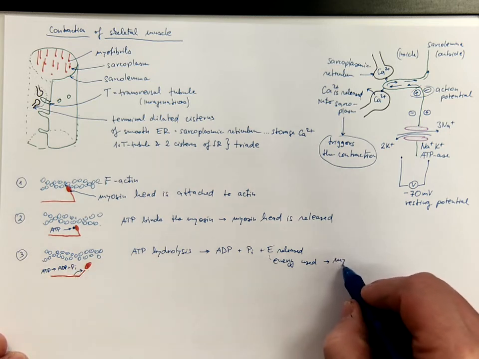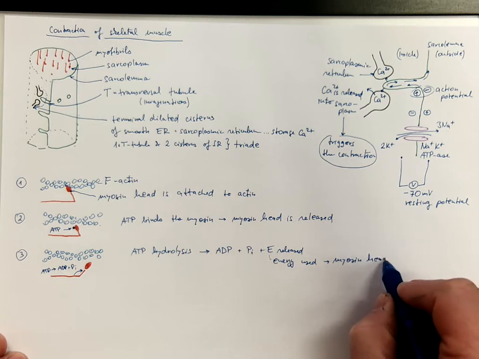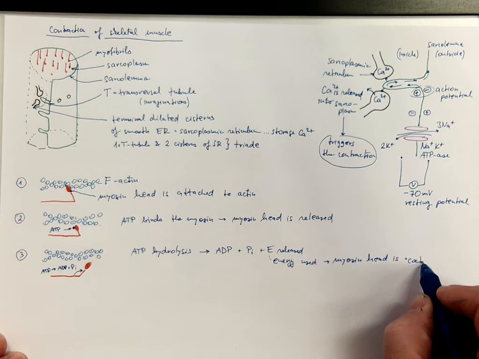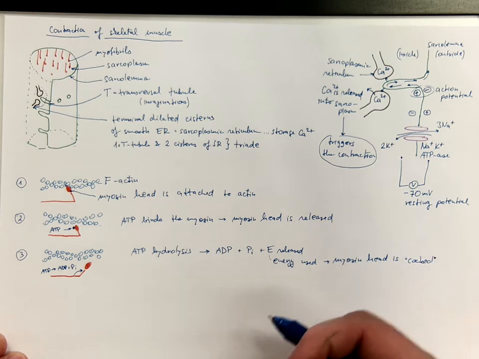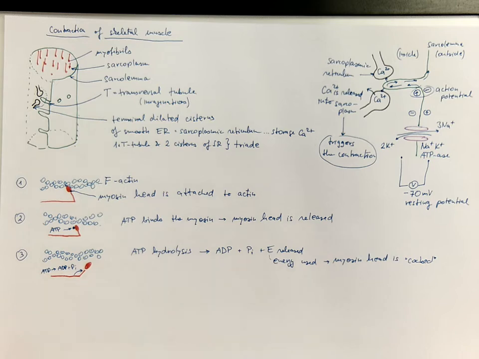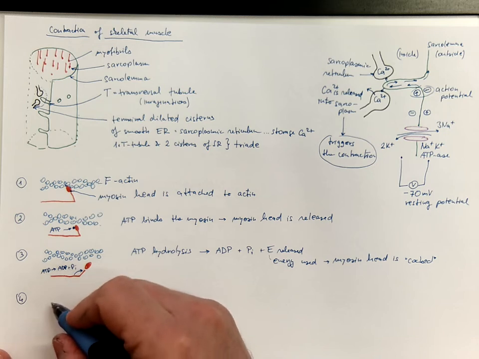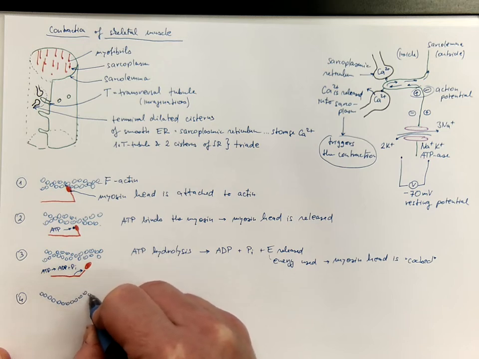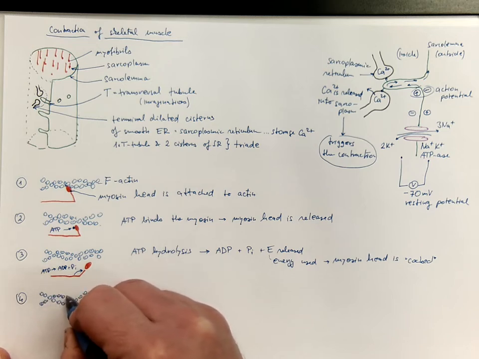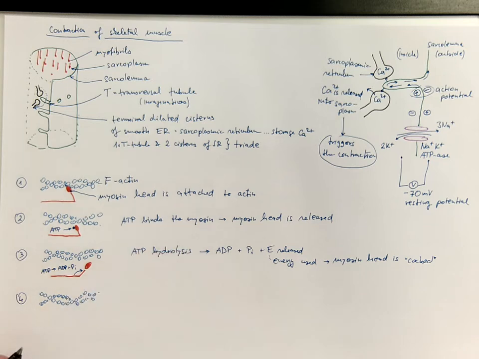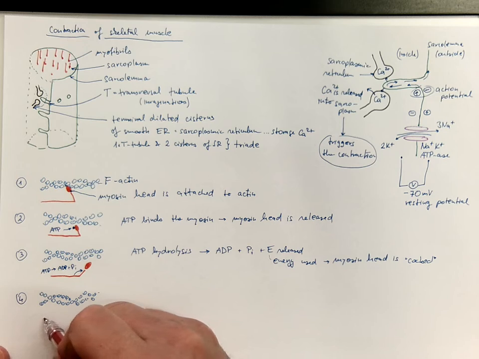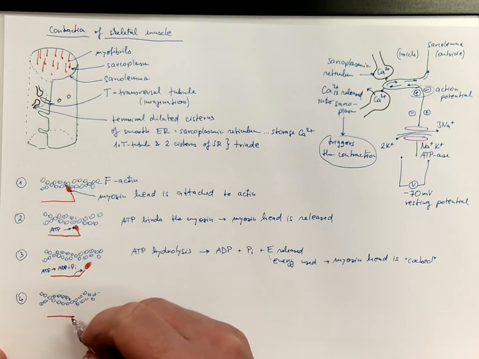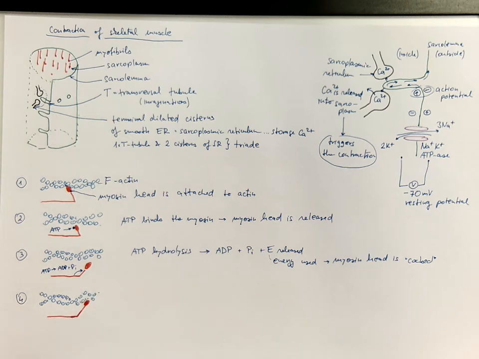So the myosin head is cocked like a gun. Okay. The next step, the phosphate is released and the myosin binds to the next binding site on the actin.